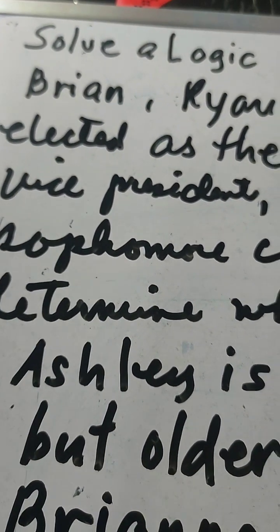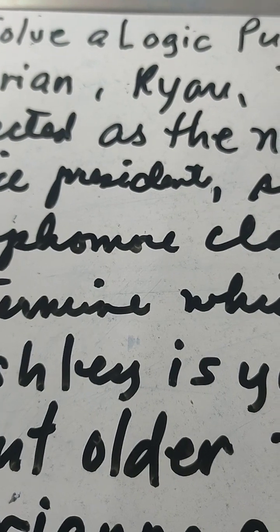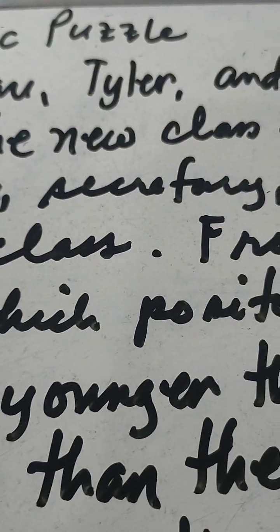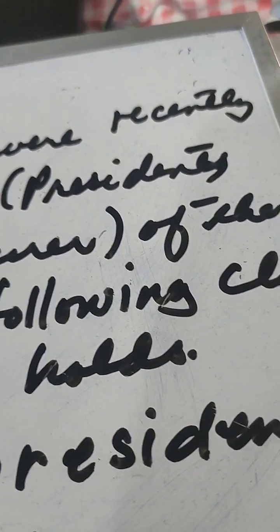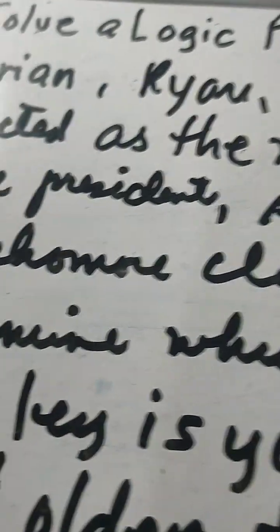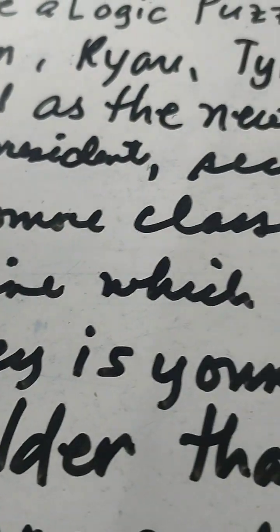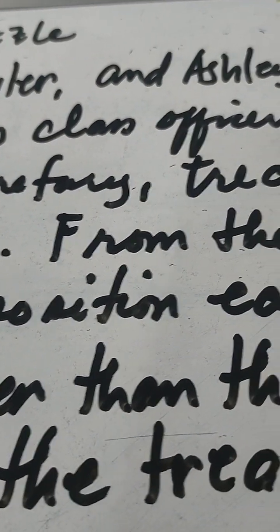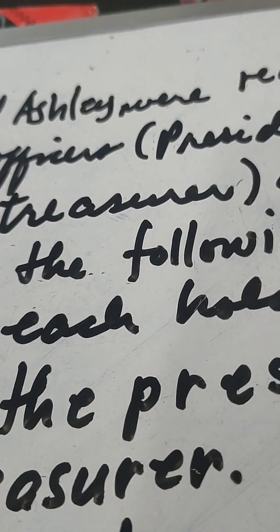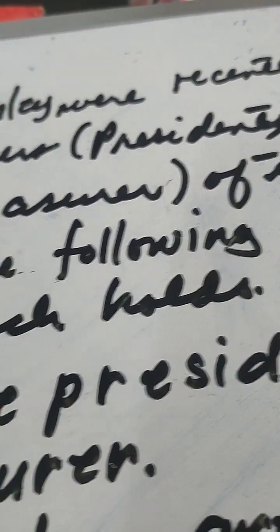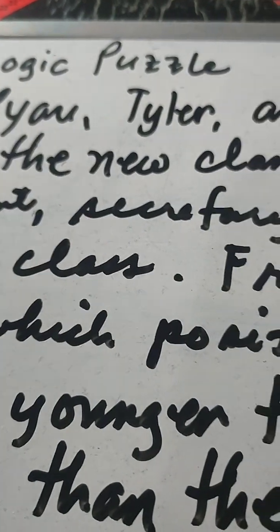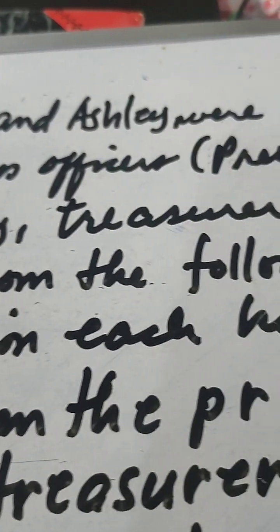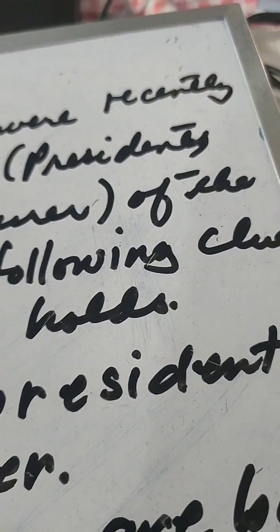Brian, Ryan, Tyler, and Ashley were recently elected as the new class officers: the president, the vice president, then we have the secretary, then the treasurer of the sophomore class.